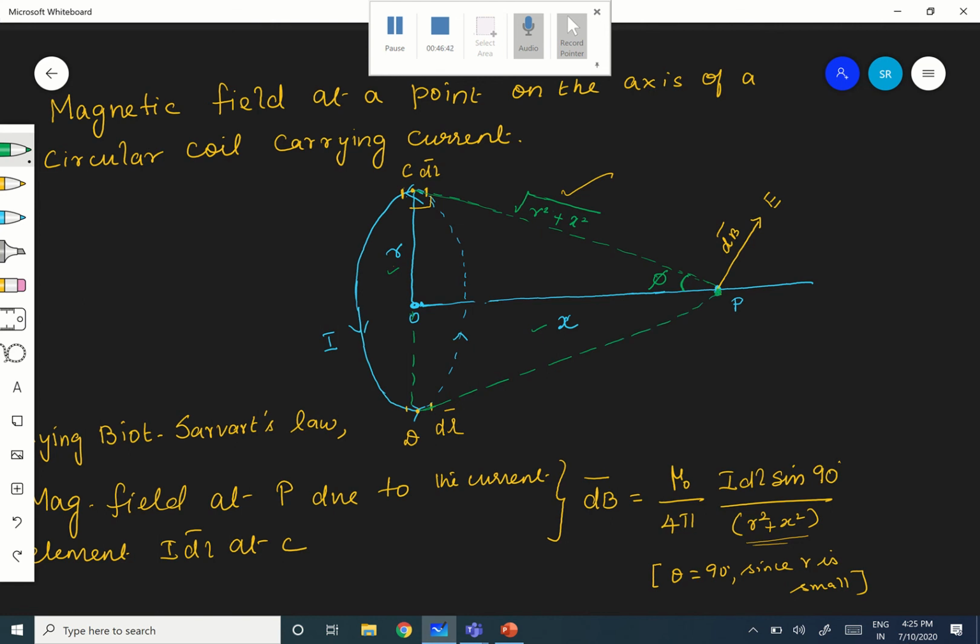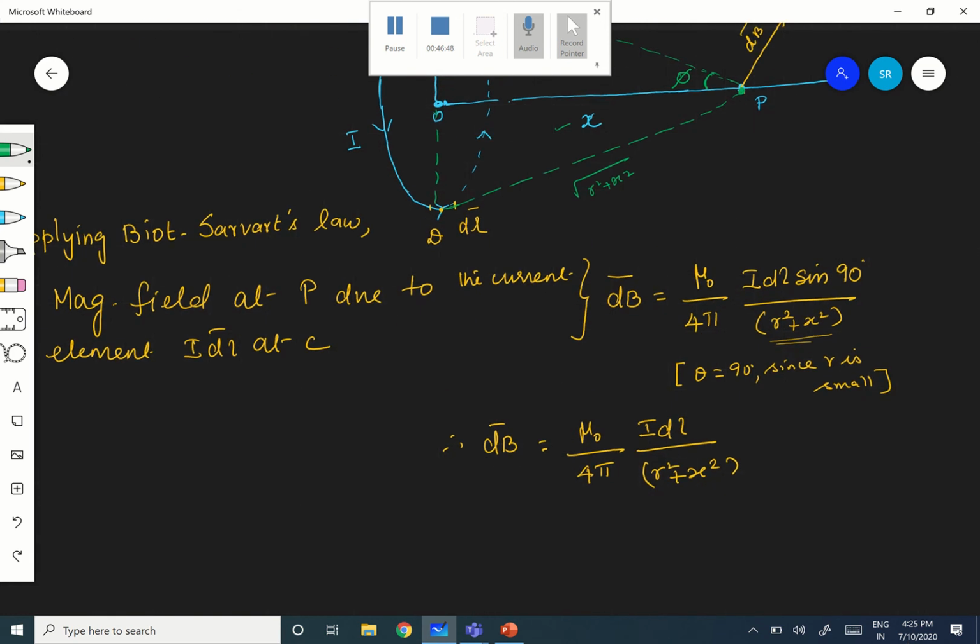That is also root of R squared plus X squared only, correct? Hope you are following. Is it clear? Therefore, let me take DL dash.